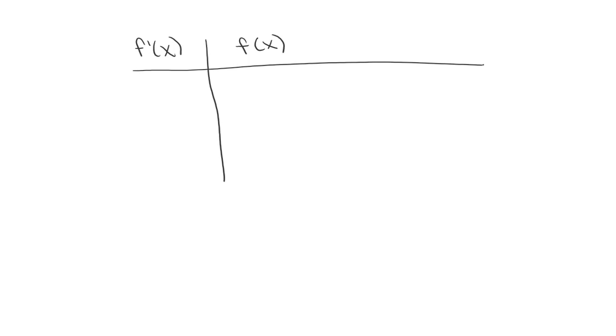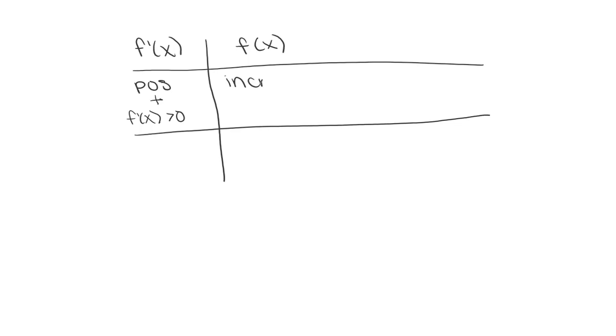So when we are talking about f prime of x being positive, that could be a plus sign, or we could be looking at greater than 0, all of those are kind of the same idea. Remember that when the derivative is positive, the function itself is going to be increasing.